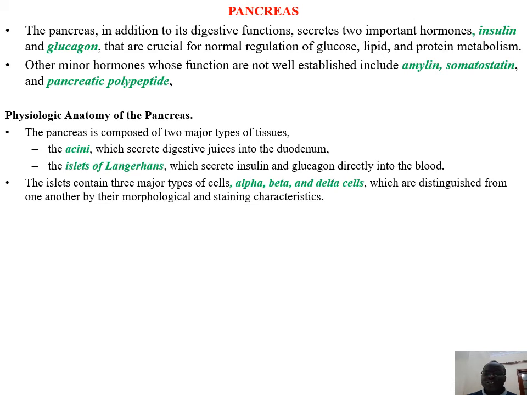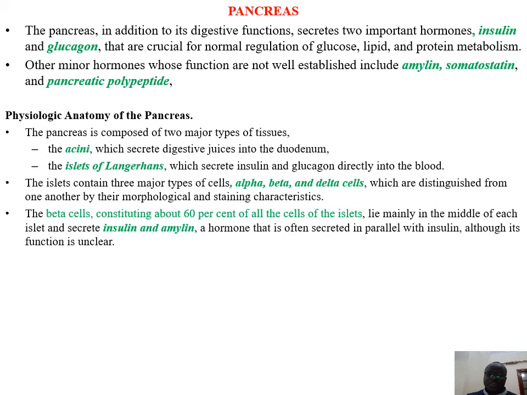So these are the three major types that are found in the islets of Langerhans: the alpha, the beta, and the delta cells. The beta cells constitute about 60% of all the cells of the islets.